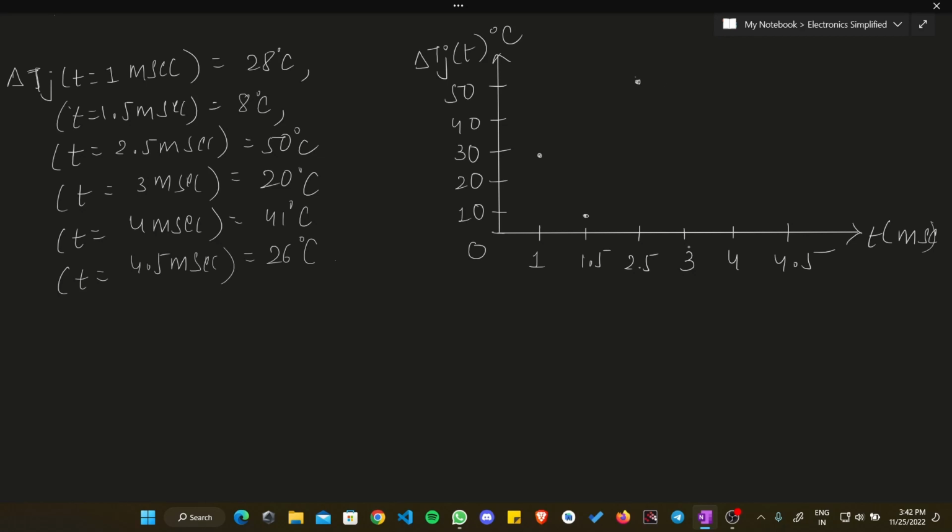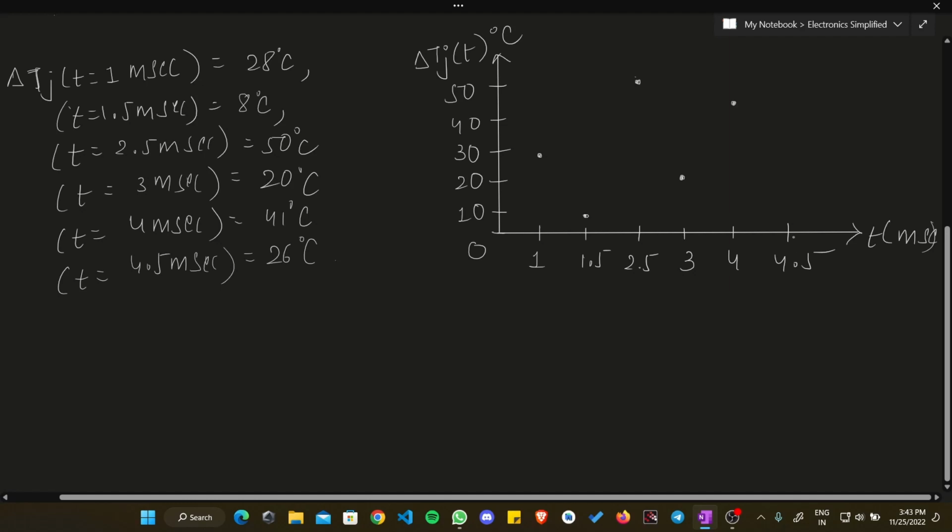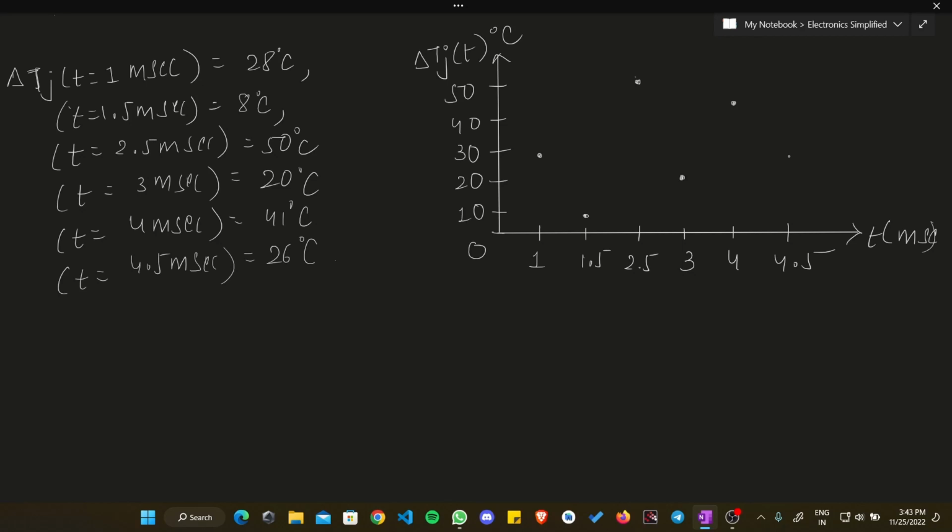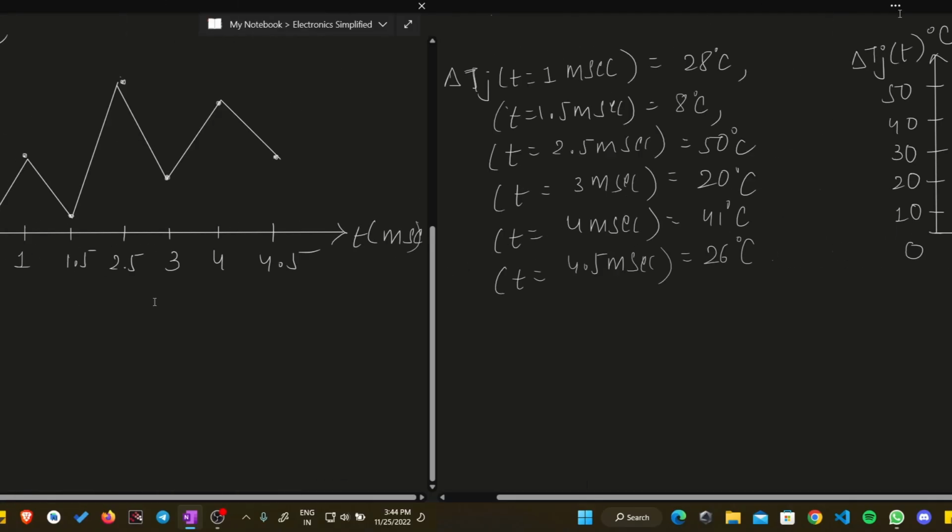At t equal to 3 millisecond we have 20 degrees Celsius, so it will be exactly at 20. At t equal to 4 millisecond, we have 41 degrees Celsius, just above 40. And at 4.5, we have 26 degrees Celsius, so it will be somewhere between 20 and 30. So like this. Now we just have to connect these dots.